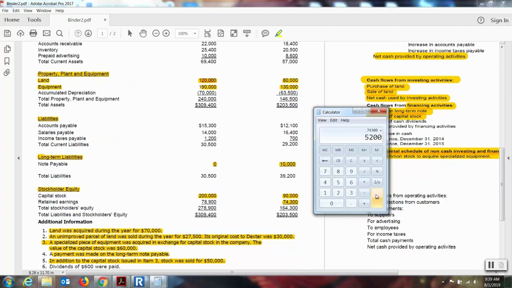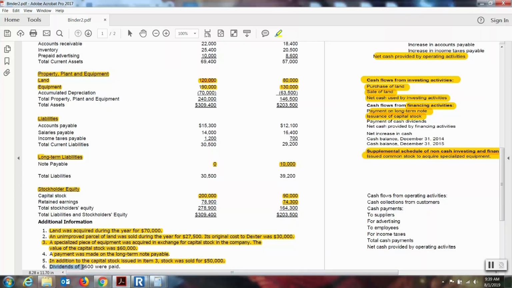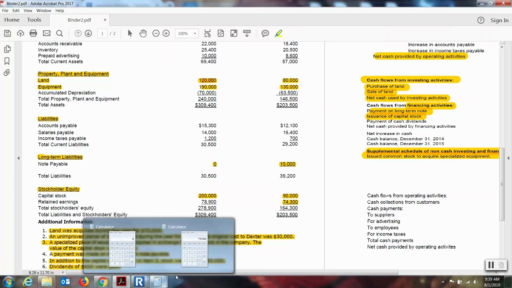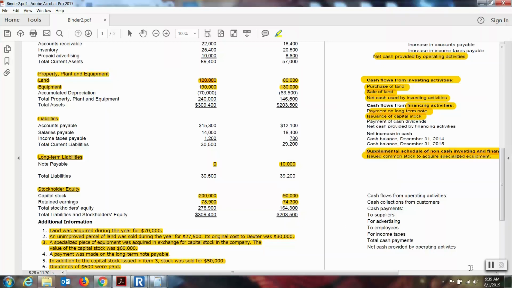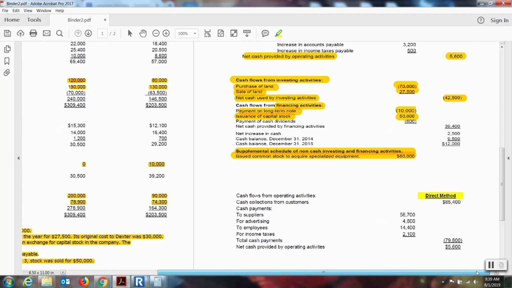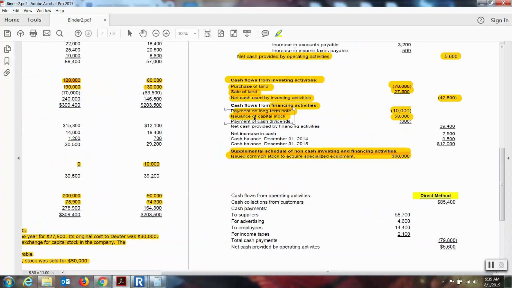To reconcile our retained earnings account, we'll need to add that $5,200. And then in the last item, number 6 here, we were told that dividends of $600 were paid. So let's subtract now $600 and see if that reconciles our end balance. Yes, it does.